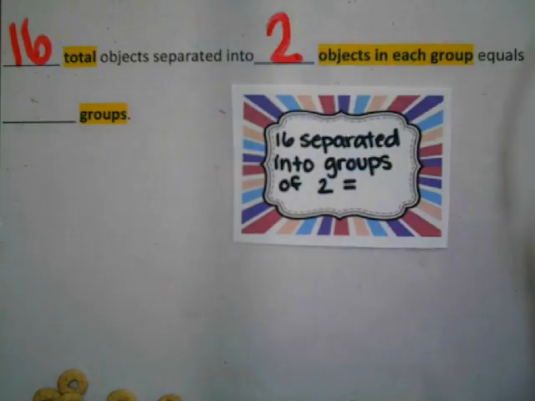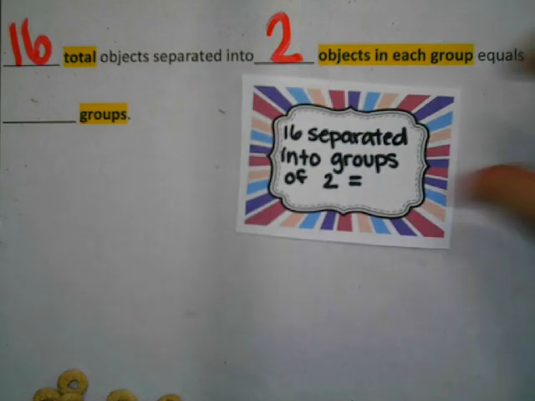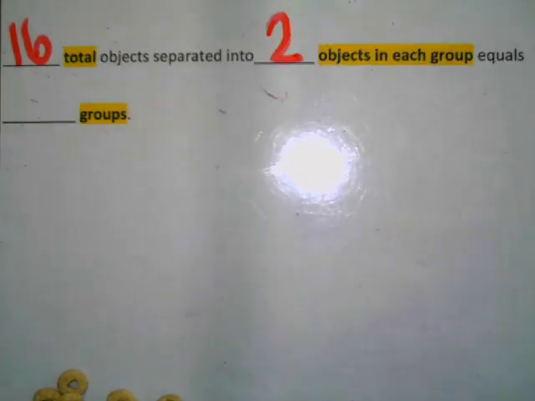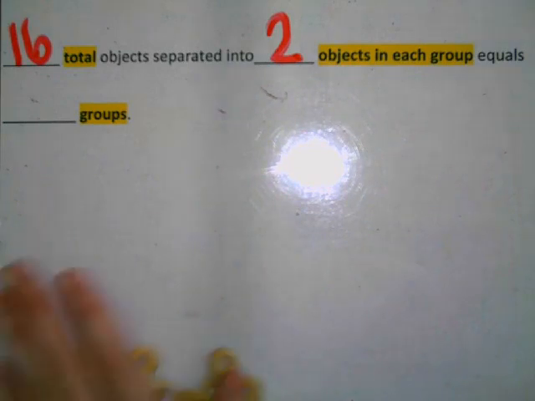So there's going to be 2 objects in each group, and we are going to solve how many groups that makes. So yesterday I knew how many groups I was making, so I would start off by drawing my groups. Today I'm solving to find how many groups. So I know that I need to put 2 objects in each group.